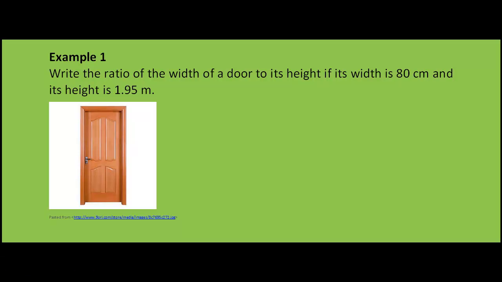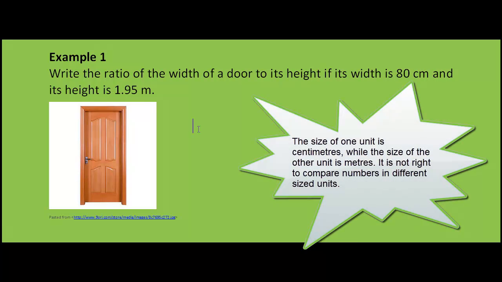In this example, before we write a ratio down, we must realize that each quantity in a ratio must be expressed in the same size of unit. Since the width has been given in centimeters and the height has been given in meters, we can't just write 80:196 because the size of each unit in this ratio is different.